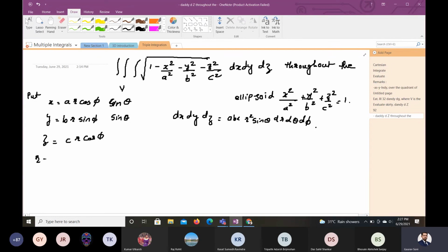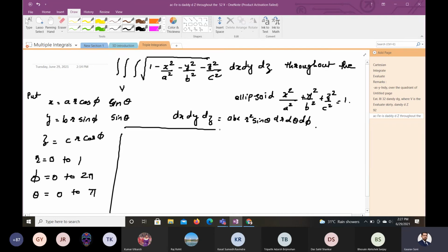So r here is going to be from 0 to 1. What about phi? On the xy plane, if you see, it is making the complete angle up to 2 pi. What about theta? It is complete ellipse, so it is also going to be from 0 to pi.